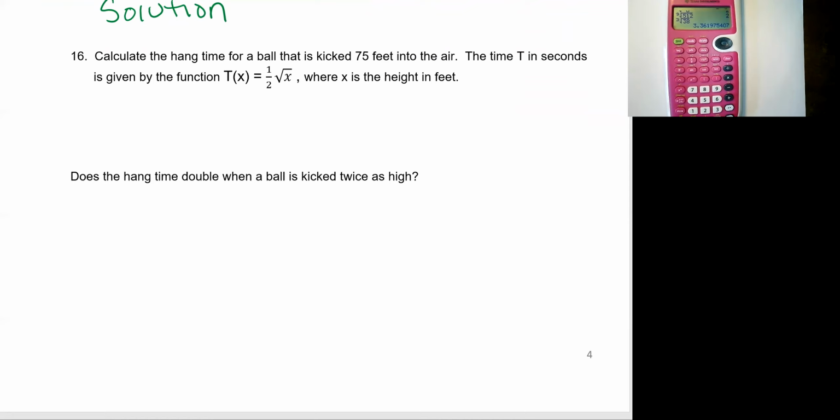So we want to calculate the hang time for a ball that is kicked 75 feet in the air. T is in seconds, x is in feet. So we're going to find t of 75.